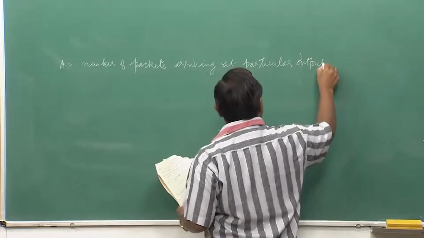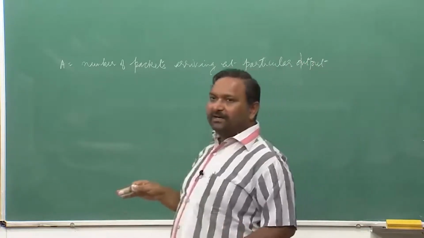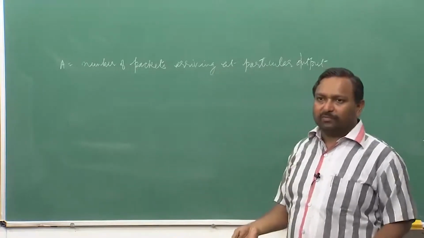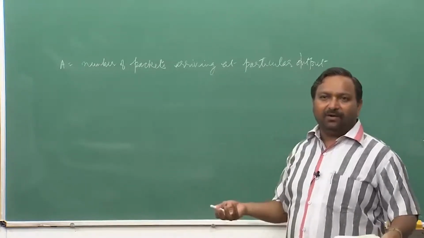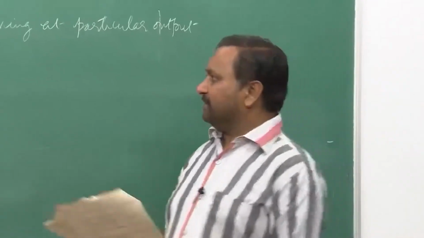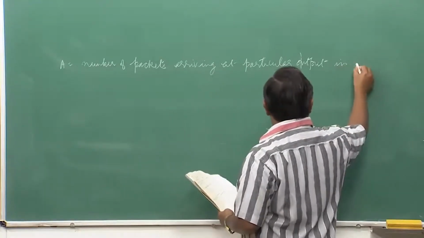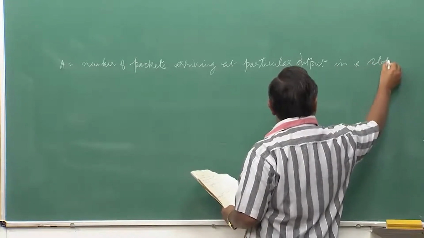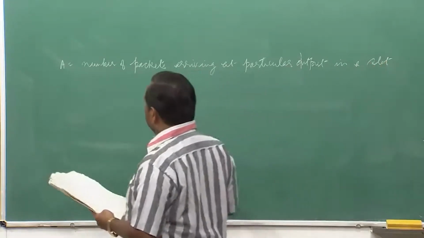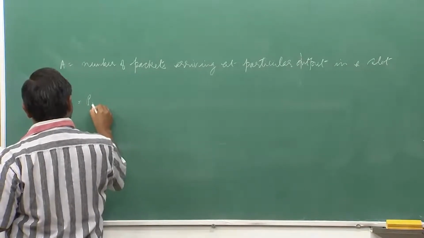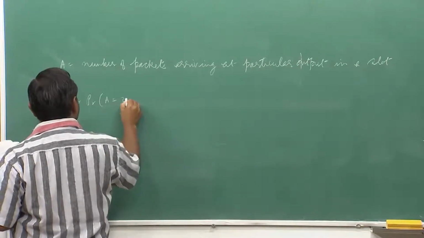I have tagged an output and am analyzing that, and whatever I am analyzing is going to be true for all other outputs also, because I am not differentiating, they are all behaving in the same fashion. So, we call it Ai, which is the probability that A will be equal to i.